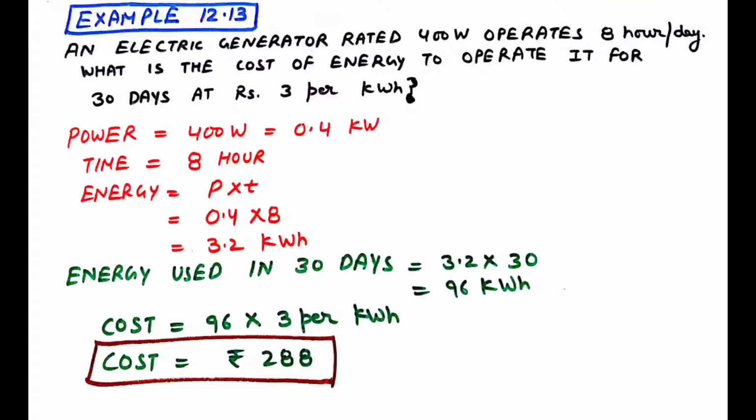So the energy used in 30 days is equal to 3.2 into 30, that is 96 kilowatt hour. Now we will multiply this total energy by the cost of 1 unit of energy to get the total cost. Hence total cost is equal to 96 into 3, that is rupees 288. So rupees 288 will be spent on the electric generator.